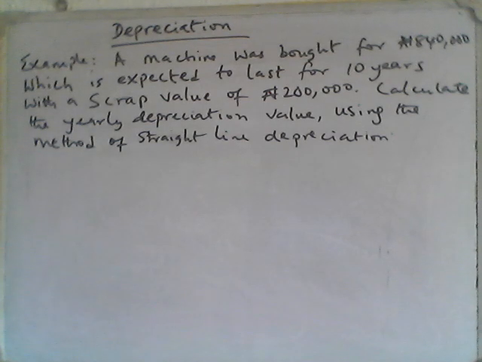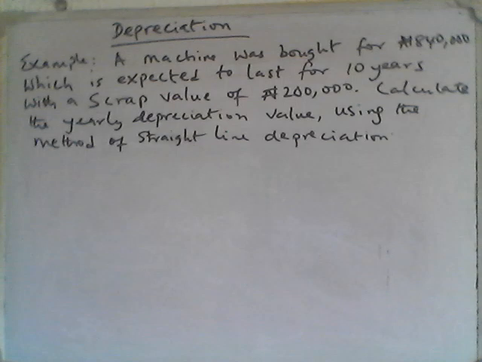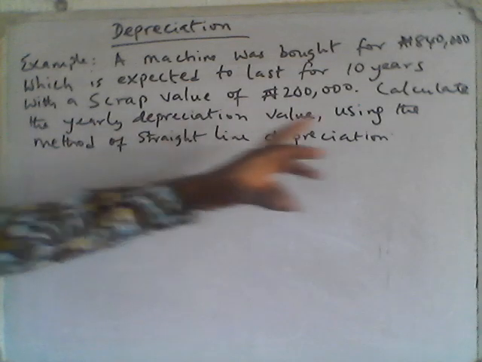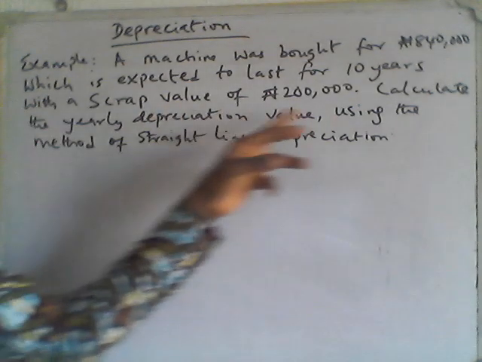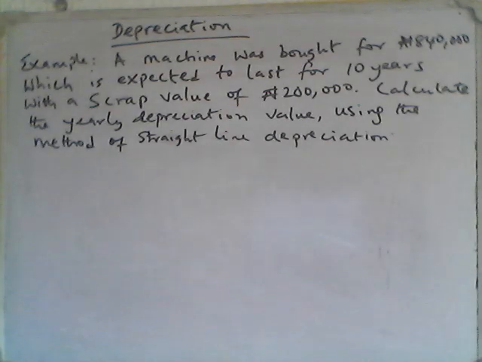We have an example on the board. It says a machine was bought for 840,000 naira, which is expected to last for 10 years with a scrap value of 200,000. That scrap value is the last amount it will get to where it can no longer have any value.